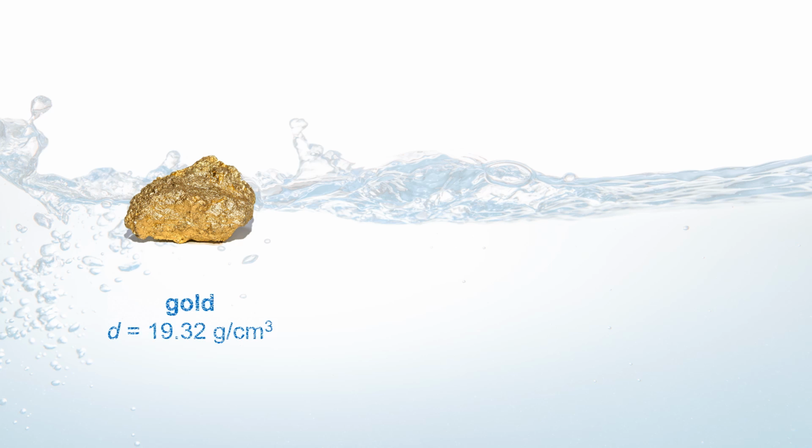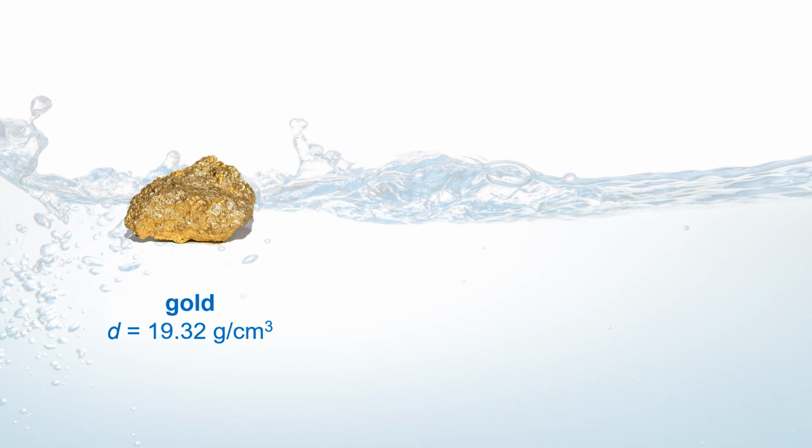To give you some examples of densities of actual substances, let's go back to my examples from a few slides ago. A sample of pure gold would have a density of 19.32 grams per cubic centimeter. That means for every cubic centimeter of gold, you have 19.32 grams of matter packed in.